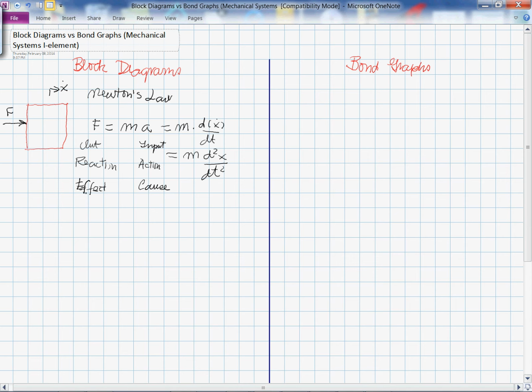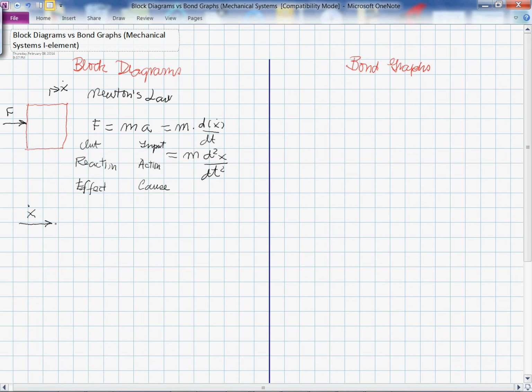If you write a block diagram of the system, you would do something like this. We have an input that comes in, which is this x dot.